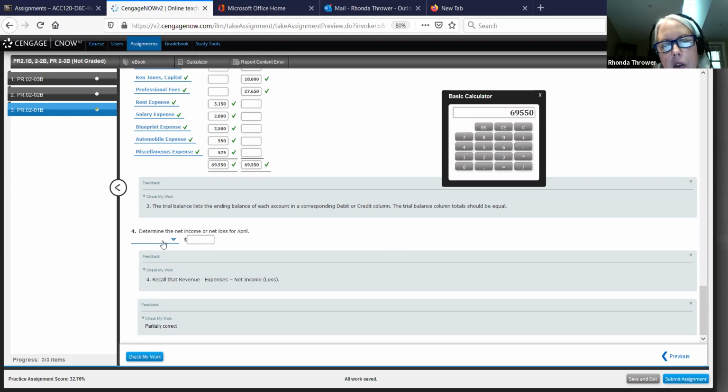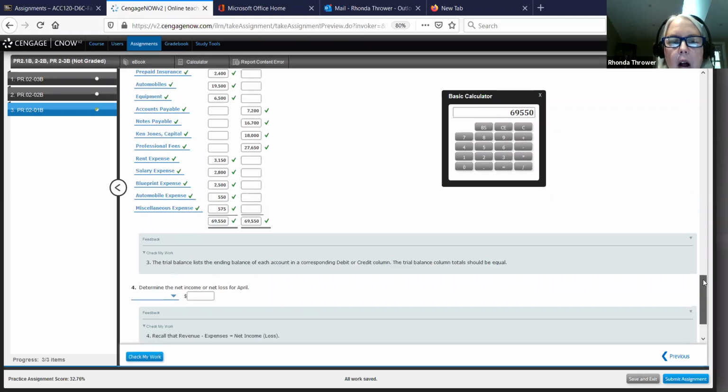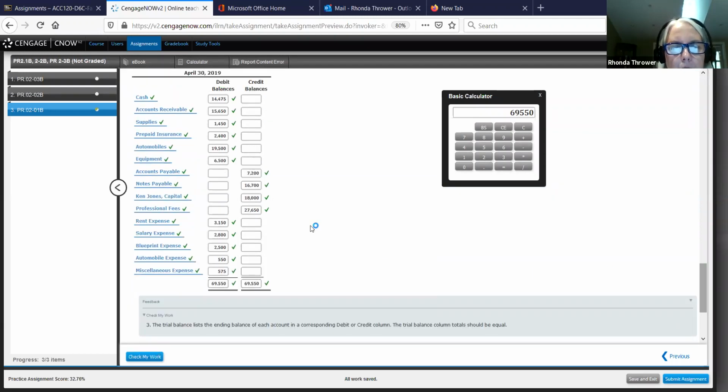Now, there's another part to this that students always ask me about, and notice they're asking you to determine the net income or the net loss for April. The way that you find net income or net loss is you've got to add up all of your revenue accounts, which you had a revenue account here at $27,650.